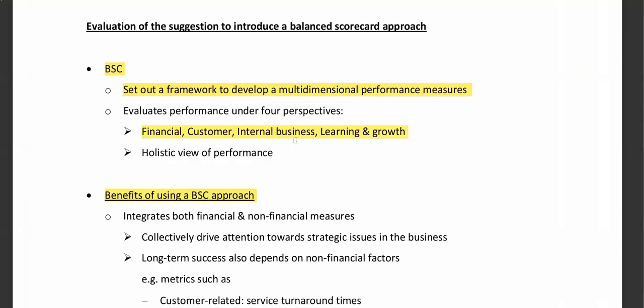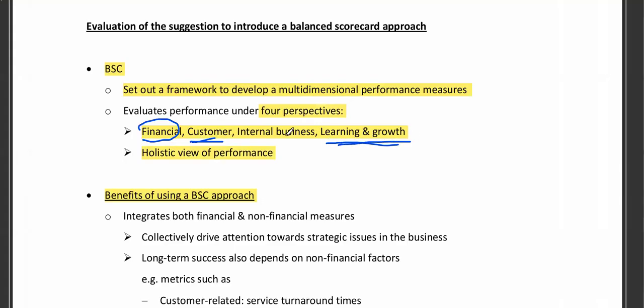And together, these four perspectives or more would provide a holistic view of the performance of the organization, not just financially, but how have you performed well in terms of your employees, your customers, your innovation capabilities, as well as your operations.